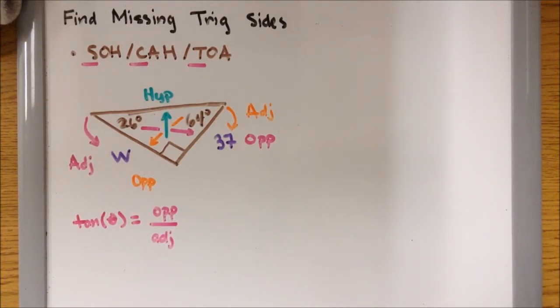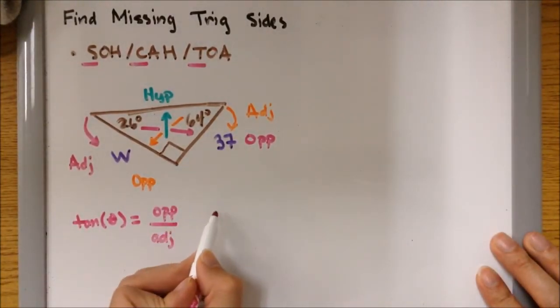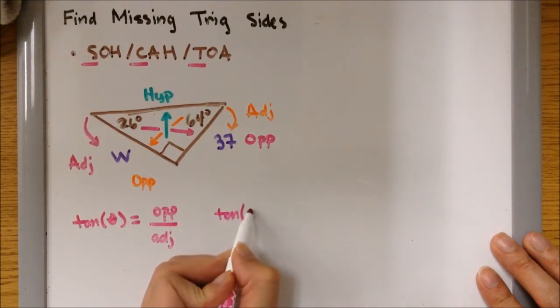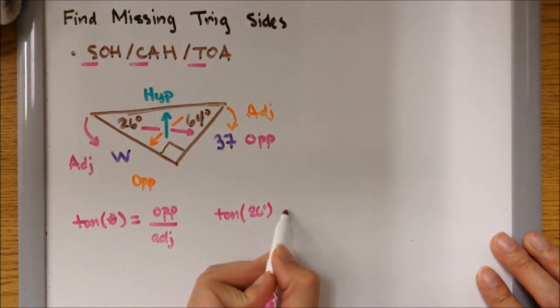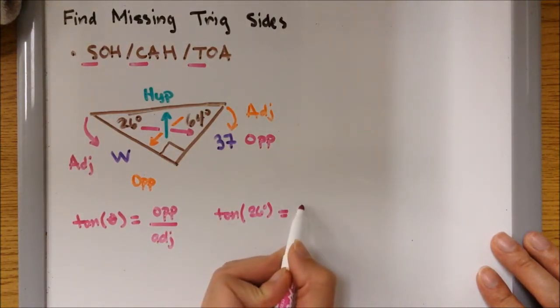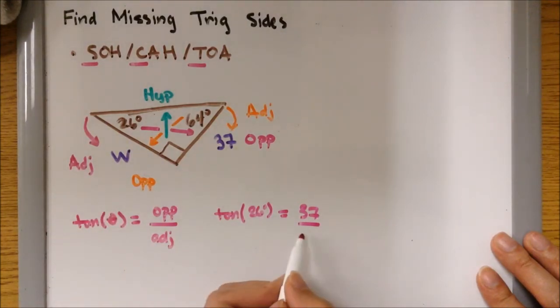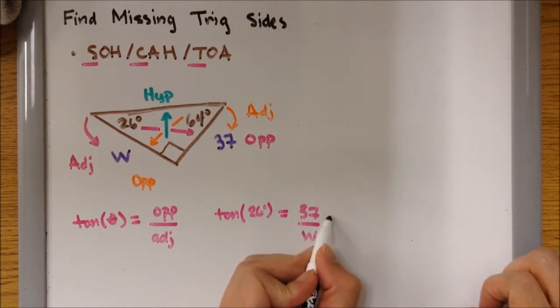So all I'm going to do is plug it in. It's going to be tangent of 26 degrees, because I'm using the 26, is equal to my opposite, which is 37, over my adjacent, which is W. So next, I'm going to multiply both sides by W, because I want to get rid of the fraction.